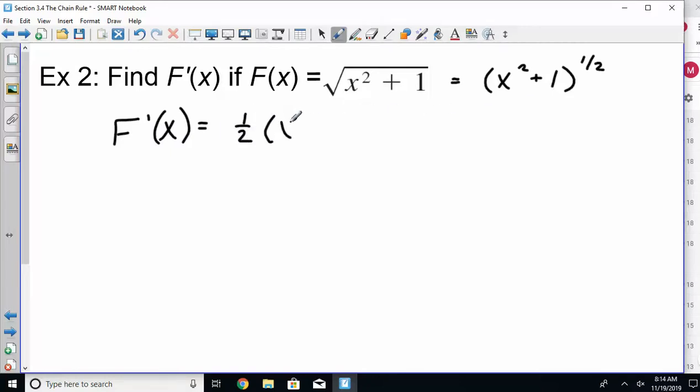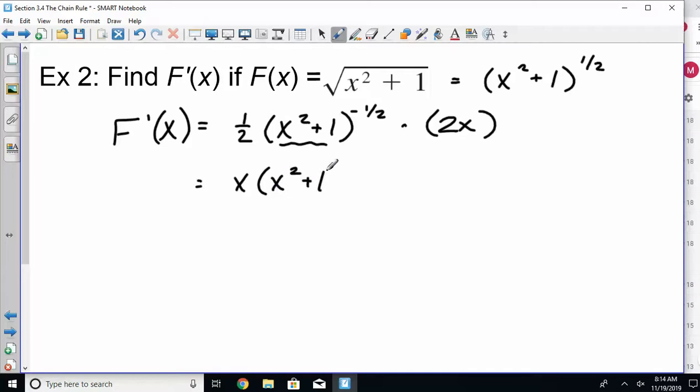The inside of the parentheses stays the same. Subtract 1 from the power. Times, what's the derivative of this inside? Multiply 1/2 times 2x would just give me x. It's x squared plus 1. So negative 1/2.